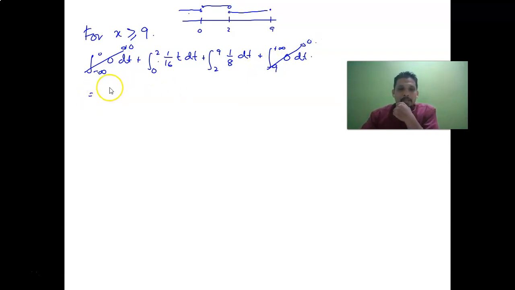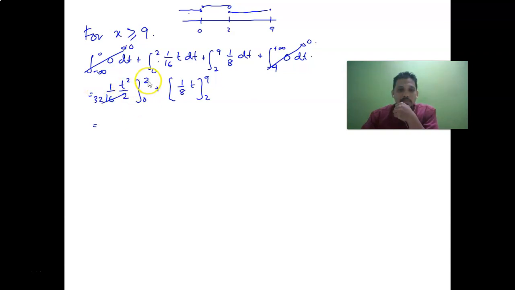Okay, the integral of 1 over 16 t is 1 over 16 times t squared over 2 from 0 until 2, plus the integral of 1 over 8 with respect to t, 1 over 8t from 2 until 9, and this is 0 here. So substitute, 16 times 2, 32.